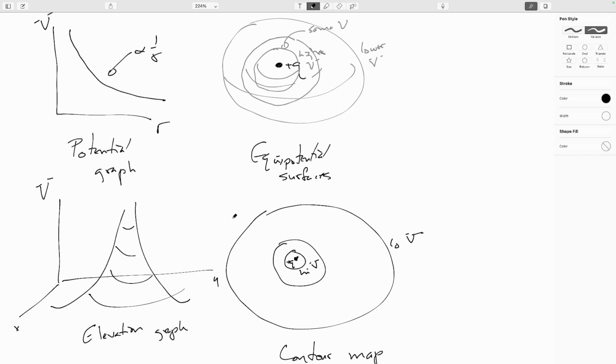Now, where this is going to come in particularly useful, so if you've ever done any hiking, the maps that you carry along, or if you're using a phone app, will be displayed in your phone app. They'll draw what are called elevation contours.